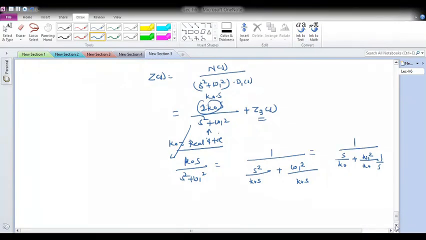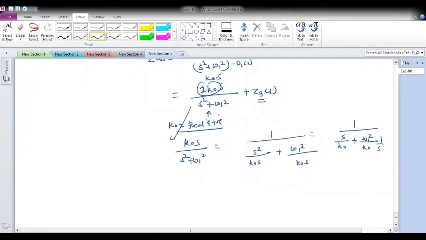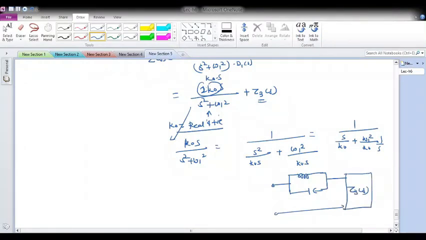If I would like to realize it, this is basically an admittance, and that is in shunt. There will be one inductor and one capacitor connected in parallel form, and then your Z3 of s will come, and this will be basically your Z of s.